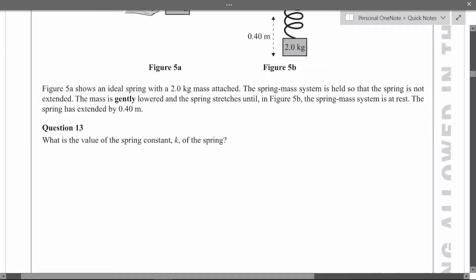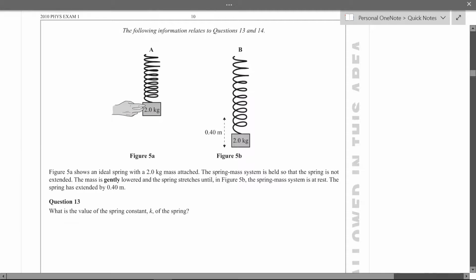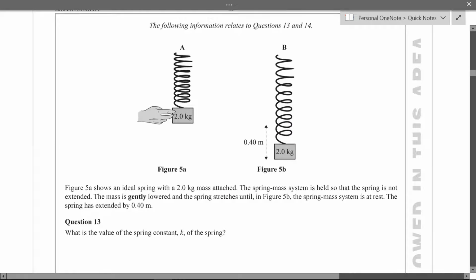So we have a spring question. There's an ideal spring with a 2 kilogram mass attached, and it's held so that the spring is not extended, and then it's gently lowered. That means at this point it's in equilibrium, and it's at rest.